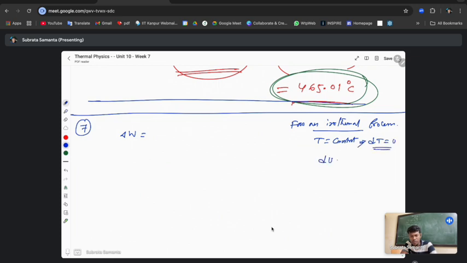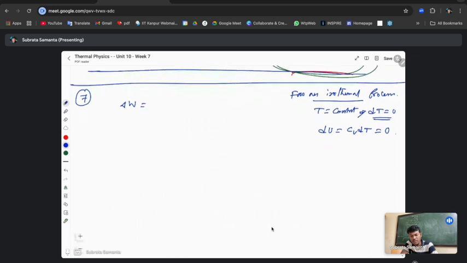That means dU, which is Cv dT, equals 0. Then dQ, according to the first law, is minus dW, where dW is minus P dV. That we know.